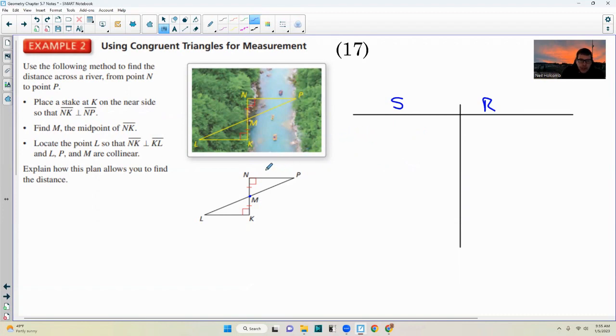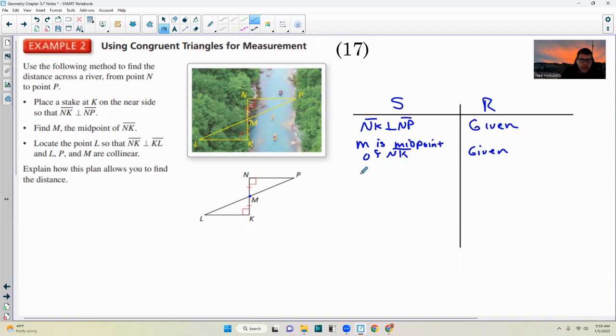So NK is perpendicular to NP. Okay? That's given. M is midpoint of NK. That's given.